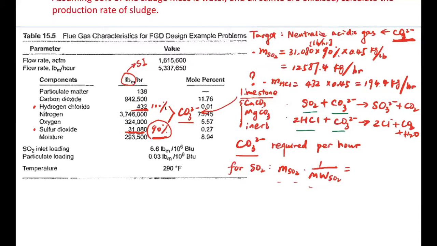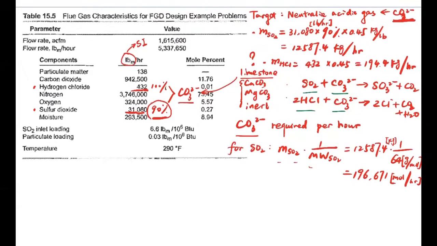That's 12,587.4 divided by 64 grams per mole. You can find out that this is 196,671 mole per hour. So this is how many moles of the carbonate ions we need to neutralize the sulfur dioxide.